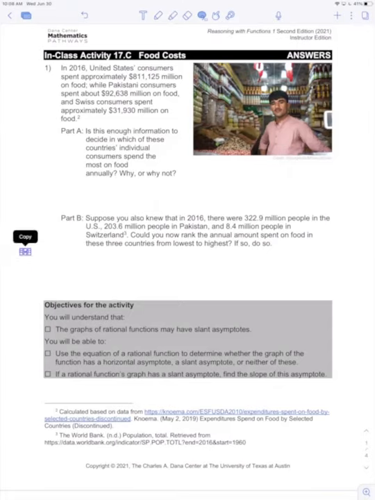Let's start writing with the pen. In the US, we're just going to take 811.125 and put that over 322.9. And this is going to give us in dollars 2512. And then we'll do Pakistan next. It's 92638 over 203.6.